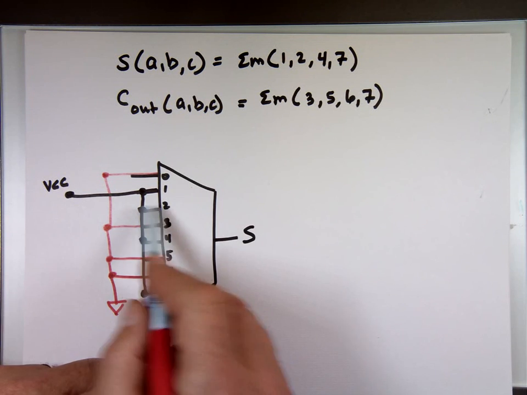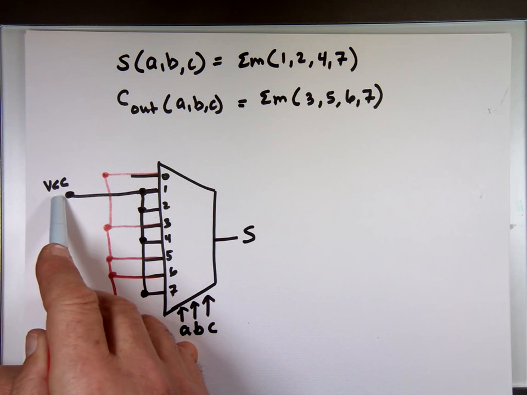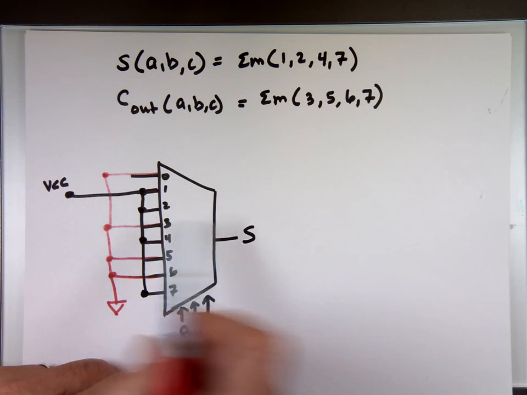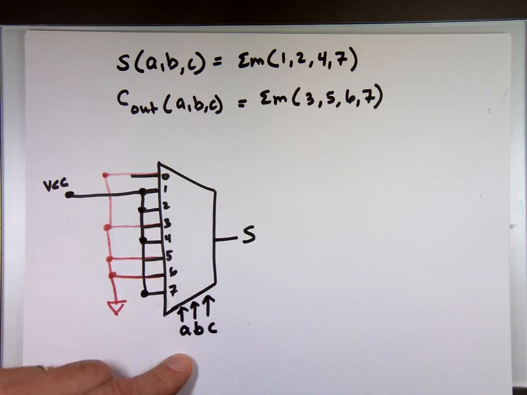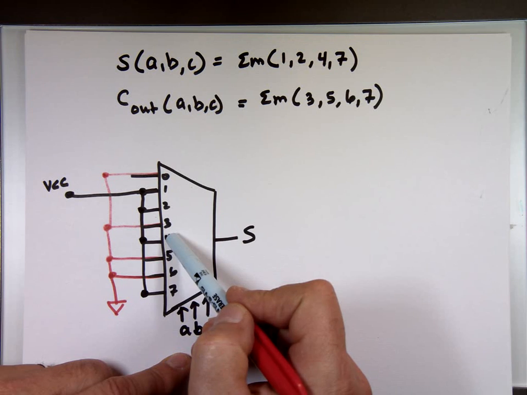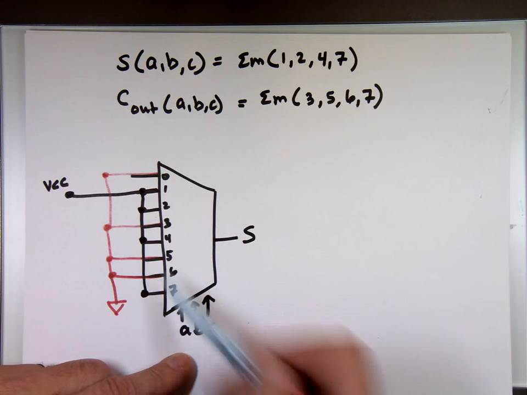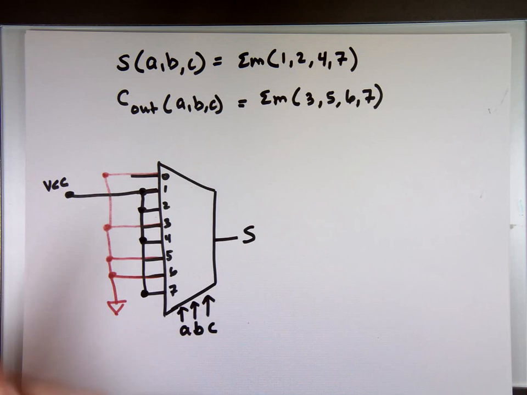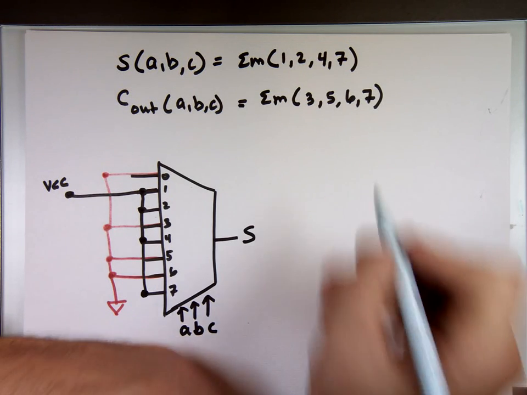Pin number 2 is attached to 1. Your output is 1. When it's 0, 1, 1, that's 3. This will be whatever is attached to pin 3, which is ground. 4, that's 1. 5, that's ground. 6, that's ground. 7, that's 1. That's for S.